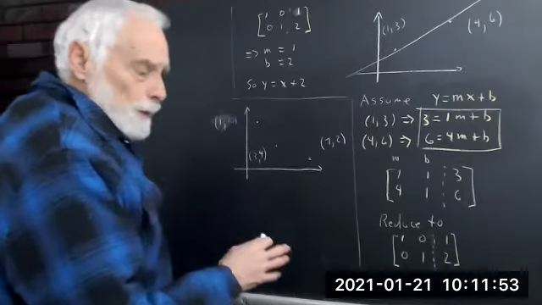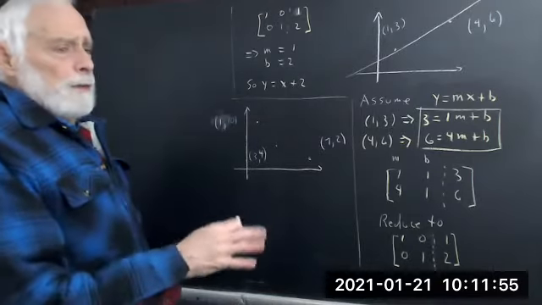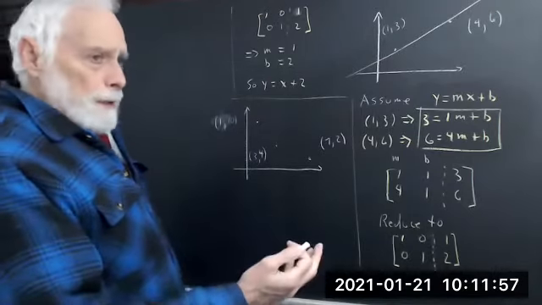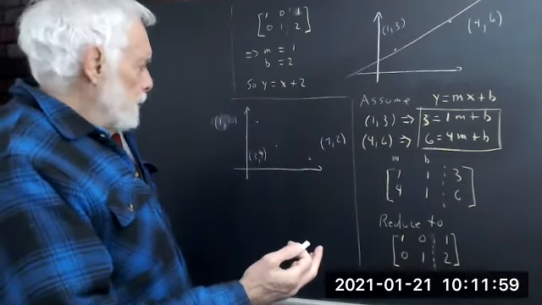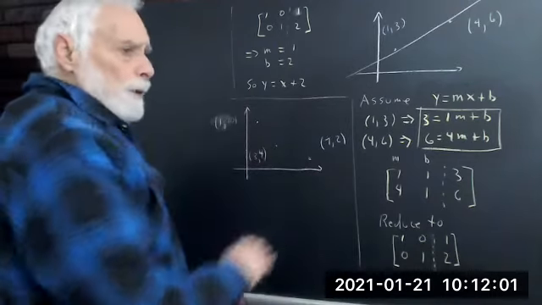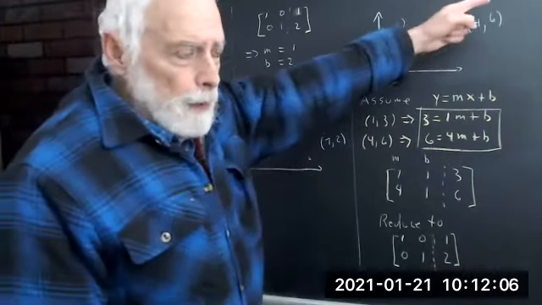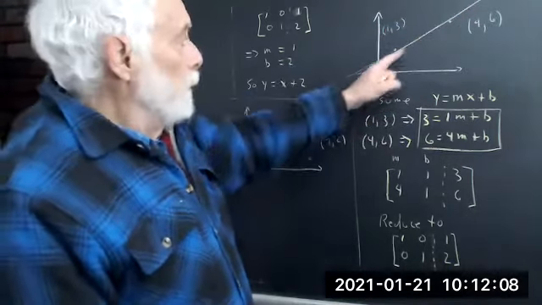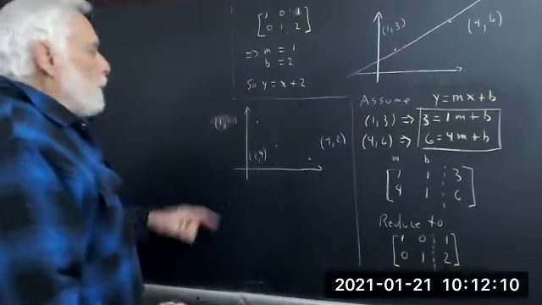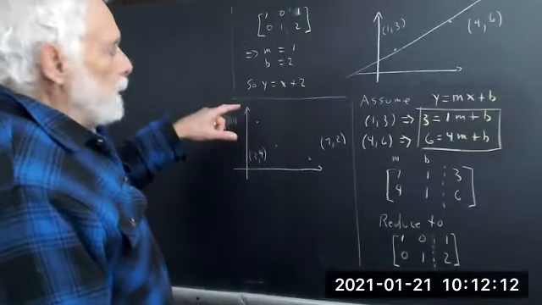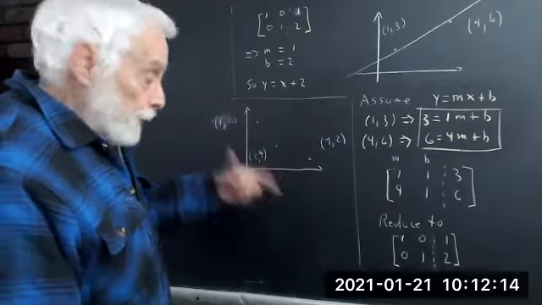A polynomial of degree n can fit exactly through n plus 1 points. Okay, a straight line, a polynomial of degree 1, will fit 2 points. A polynomial of degree 2 will fit 3 points.